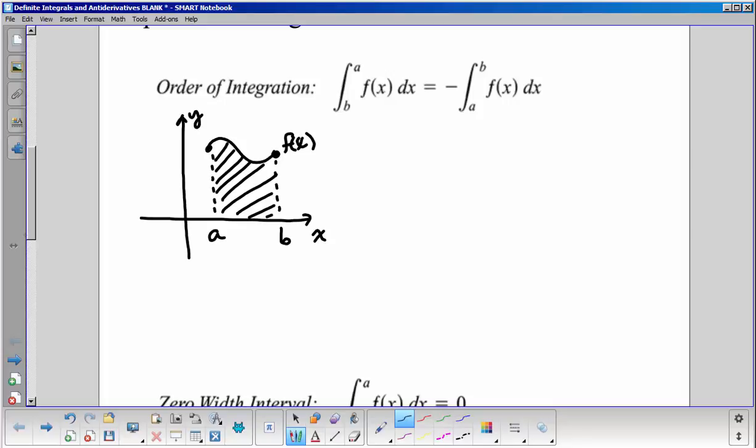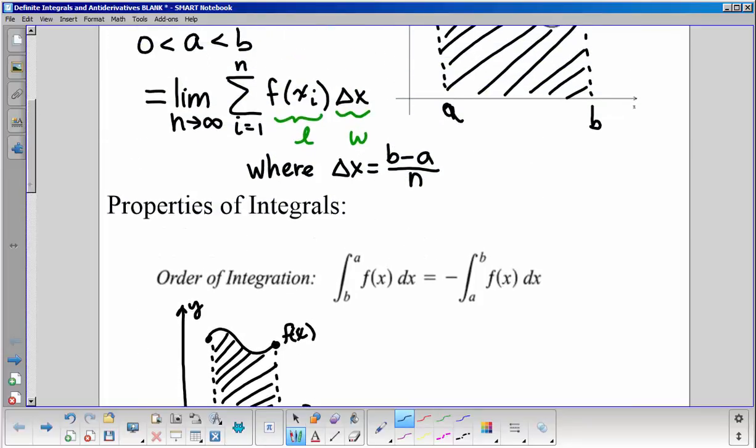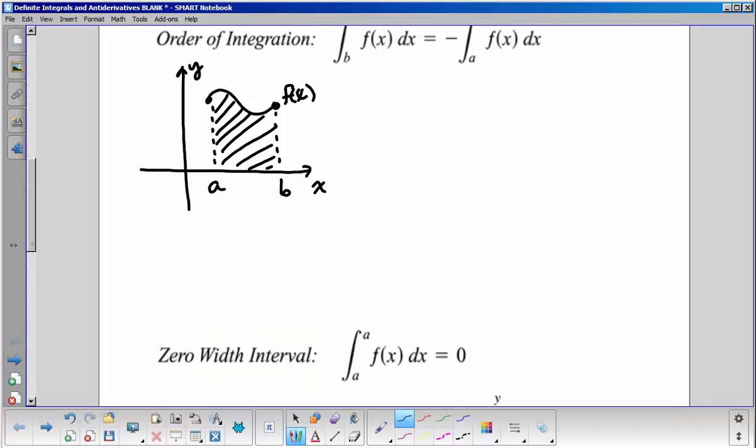So I'm saying, what happens when I integrate, or find the area under the curve from A to B, instead of going from A to B, I go from B to A. What in this expression up here has changed? The delta x has changed, right? Because if you're going from B minus A, it's a negative, right? It's like it's been at the negative area. So you can say then that delta x here, which is b minus a over n, becomes what sign? Negative, right?